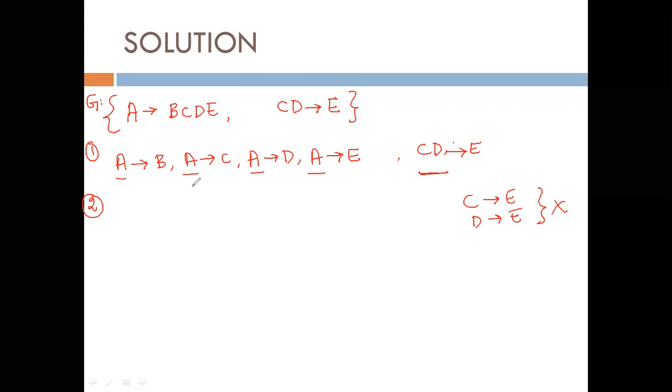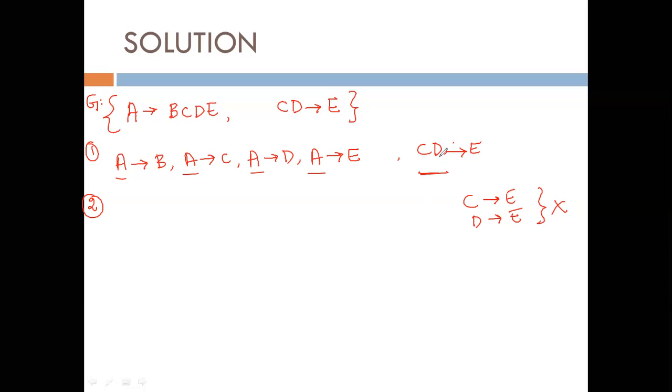A is determining C and A is also determining E, but we cannot substitute CD with any other functional dependencies.